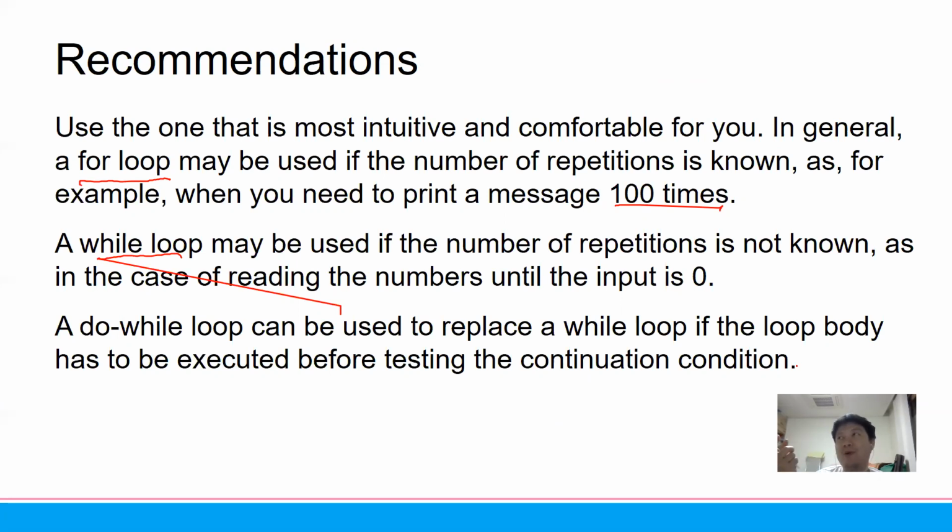If they're not paying now, maybe pay later, then you will just keep the values in the cart, and next time if the user wants to pay, they can just check, okay, I have this item and then I can pay. So using the do while is useful where the continuation condition is at the end.